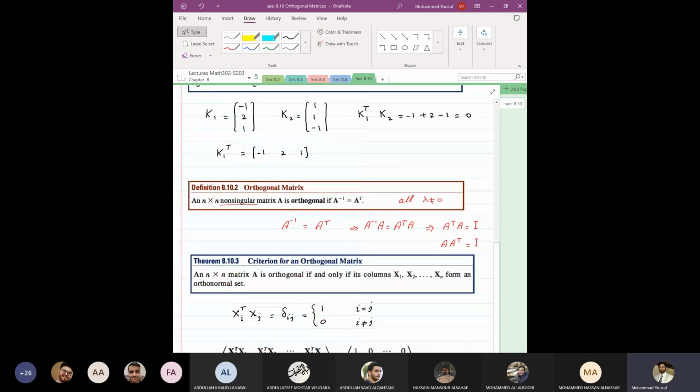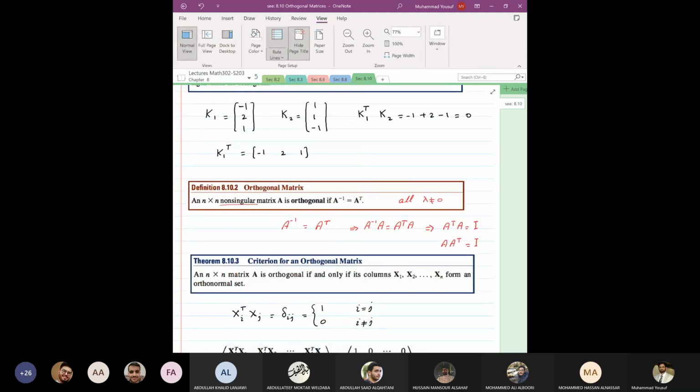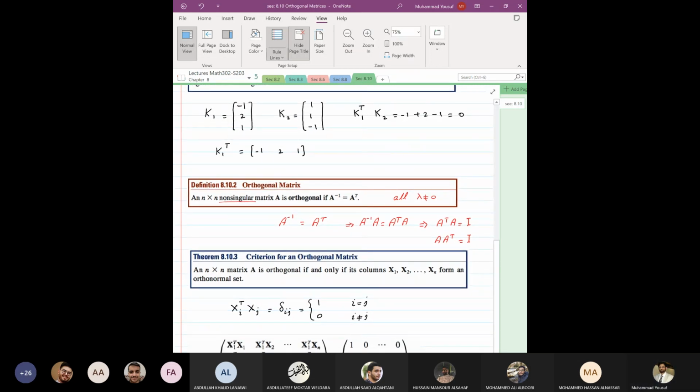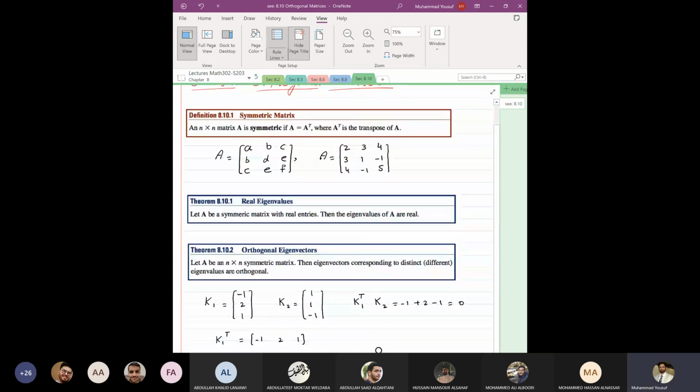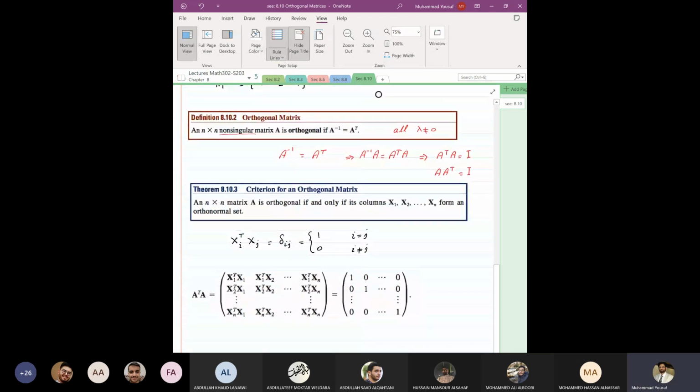Then next thing is, what is the orthogonal matrix? Before we say about orthogonal matrices, two results about symmetric matrices. Then the definition of orthogonal matrix, and to check if a matrix is orthogonal, multiply by its transpose and you get identity.